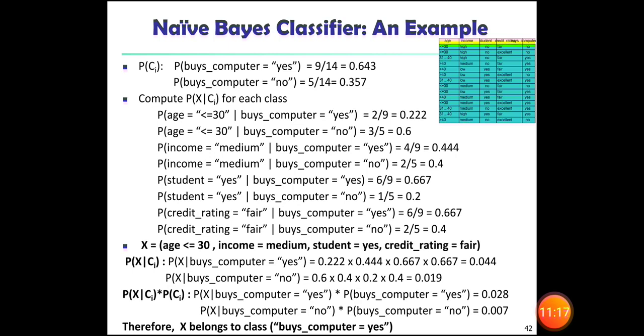Here P of X given computer equal to no into P of computer equal to no, which we already calculated in the beginning of this slide. Those values will be multiplied and we will get 0.007. If you compare these two values, you will understand that the yes value is greater than the no value. So obviously you can conclude that X belongs to class Bayes computer equal to yes. So the major classification will be yes over here.